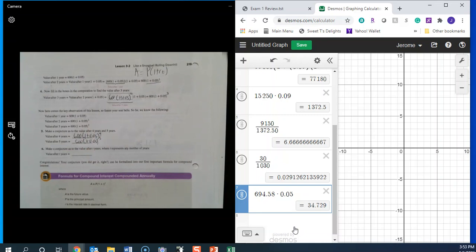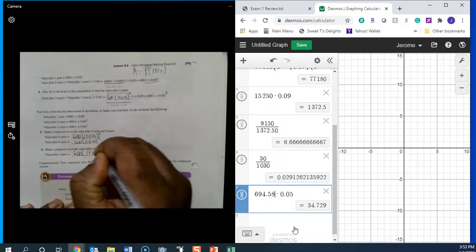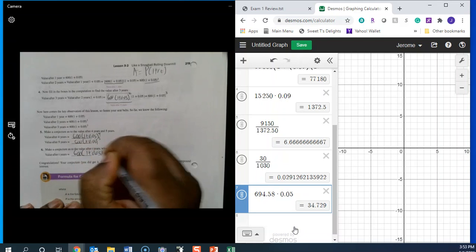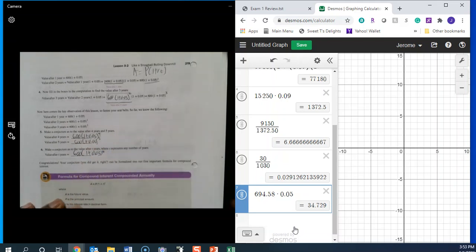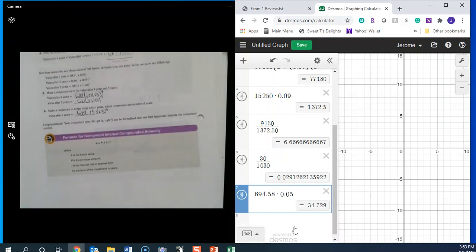It says make a conjecture as to the value after t years, where t represents any number of years. Value after t years, so it'll be 600 times 1 plus 0.05, then you'll take that to the t power. And it shows the formula right below.